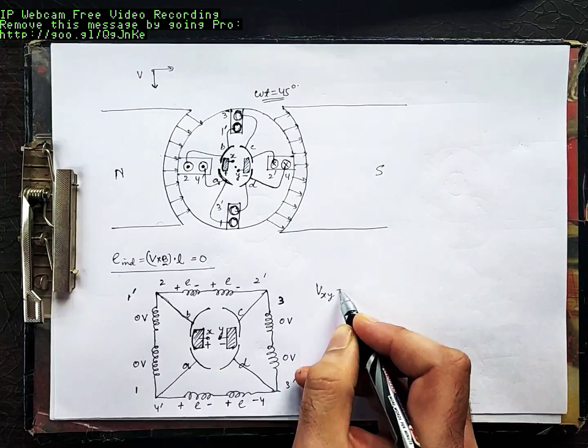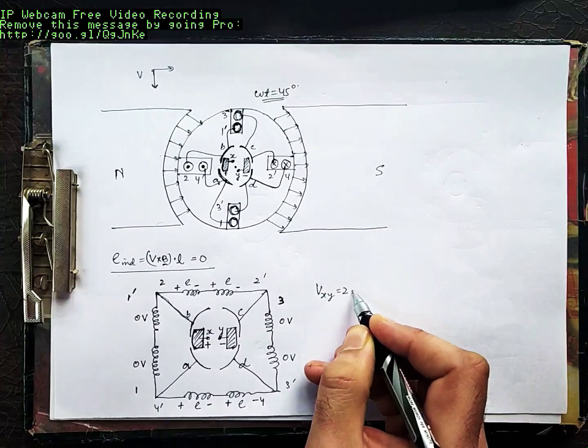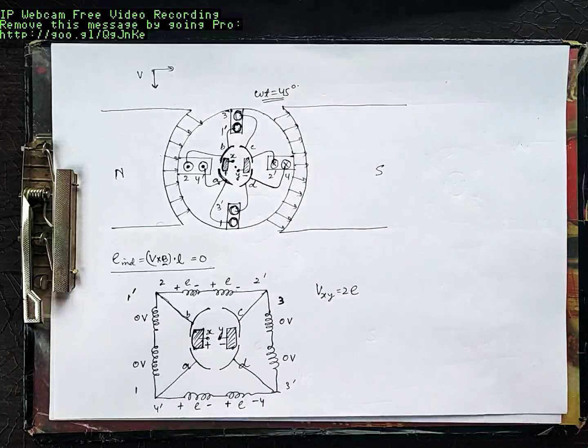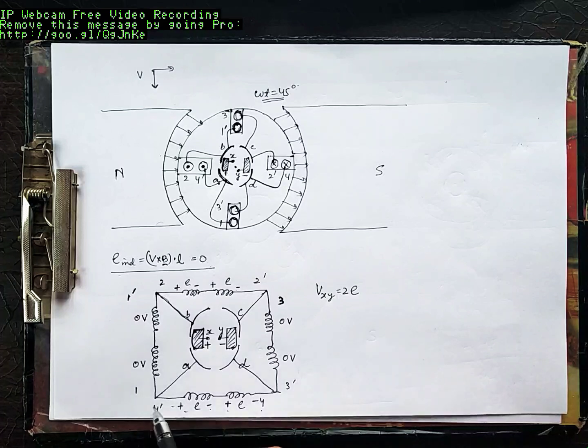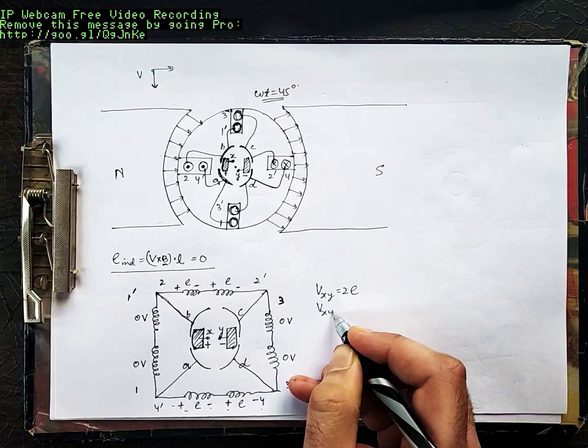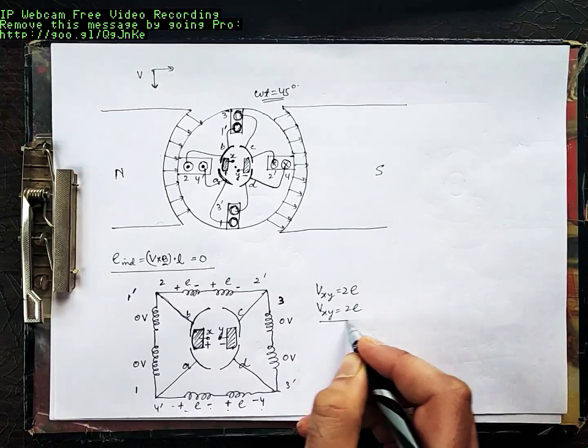Vxy is equivalent to 2E. You can have another path here, plus minus E. E plus E is 2E between X and Y. Two parallel paths. Total voltage Vxy is equal to 2E. You have two parallel paths over here.